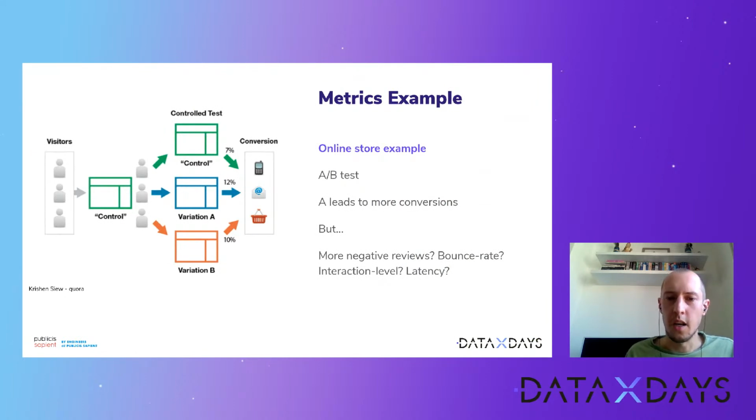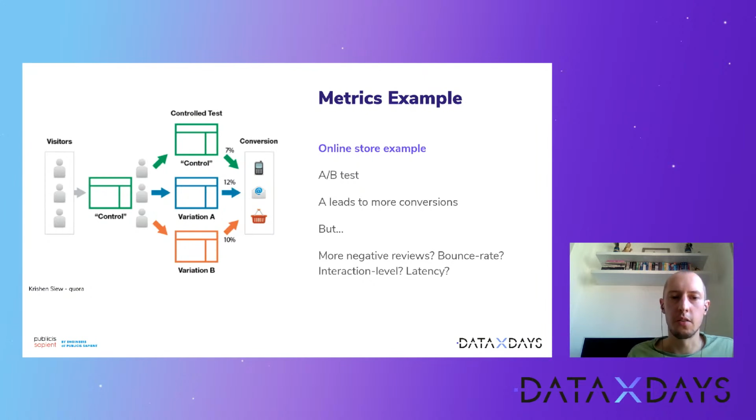So if we consider a metrics example, say we have an online store. With online stores and e-commerce, it's very common to use A/B testing as a method of rolling out new versions of models.